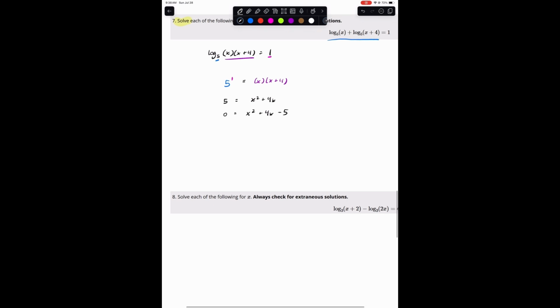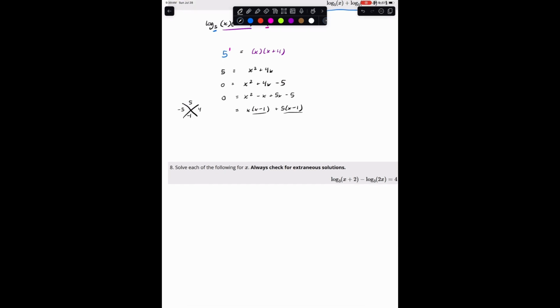We can factor that. Two numbers multiply to negative 5 and add up to 4. That would be positive 5 and negative 1. So 0 equals x squared minus x plus 5x minus 5. This is x times x minus 1 on the left, plus 5 times x minus 1 on the right.